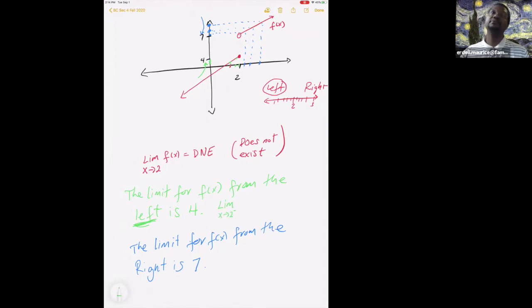That minus sign means I'm taking the limit from the left, a one-sided limit, of the function f of x, and it is 4. I compress all of that language into this one. For the second one, I write the limit as x approaches 2 from the right for the function. This is going to be 7.